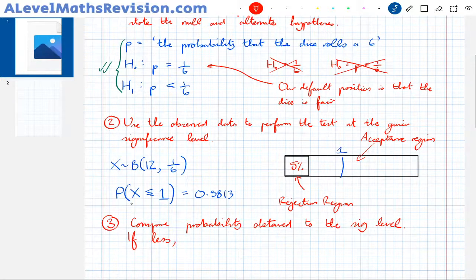If less, reject what we assume to be true, H0. If more, do not reject H0.